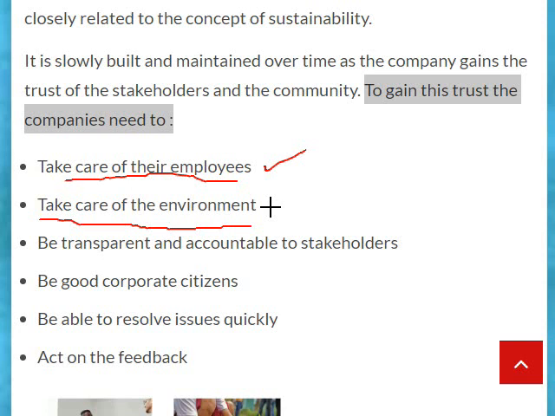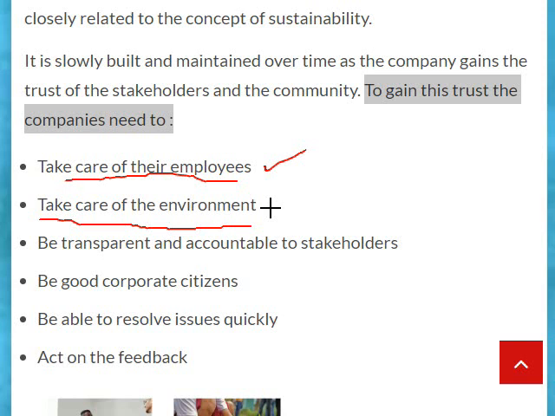And sometimes if some news comes up where a company has been very polluting, or has been seen following unsustainable practices, the general public does not take it in a very good manner, and the trust of the company gets eroded slowly.